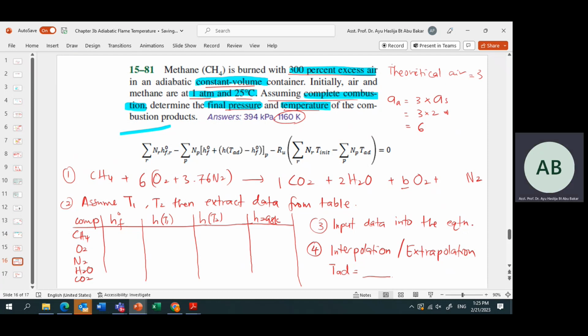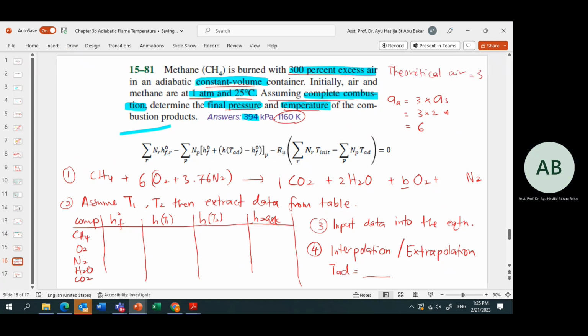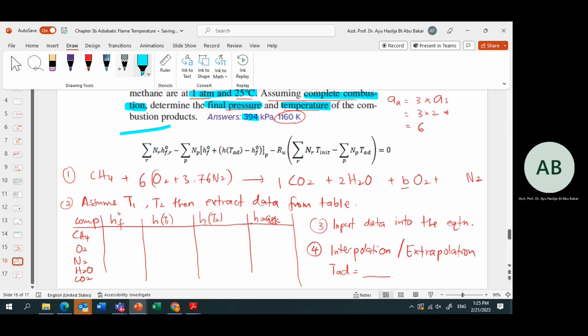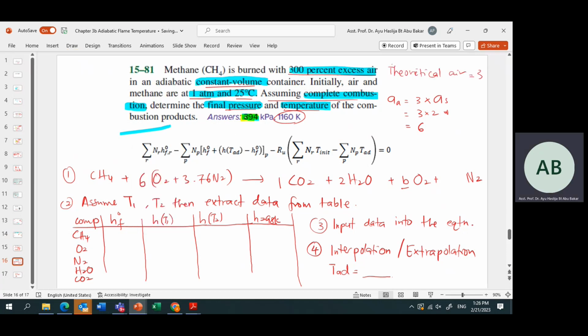Okay, this one, it already gives you the answer. T adiabatic is at 1160 Kelvin. How do you want to find the pressure over here? The T adiabatic you get from the interpolation or extrapolation. Then how to get the pressure?